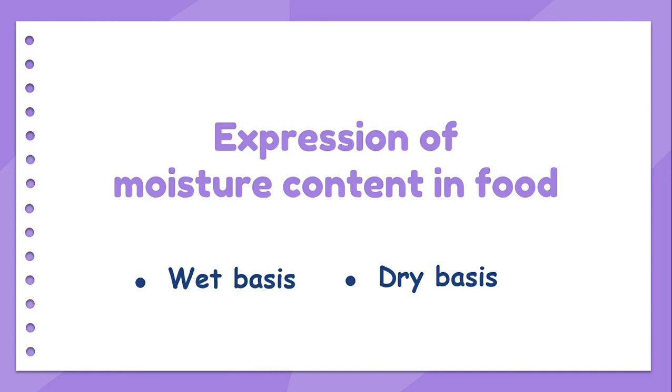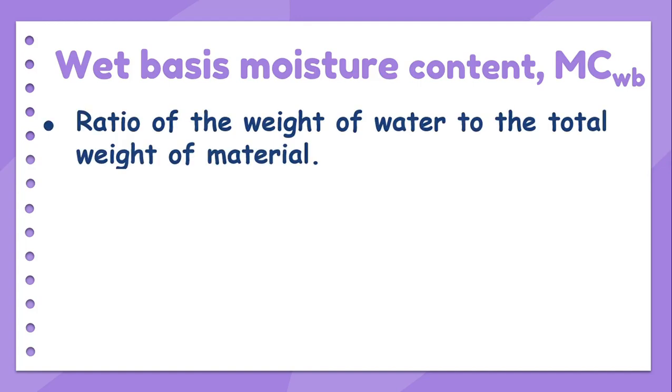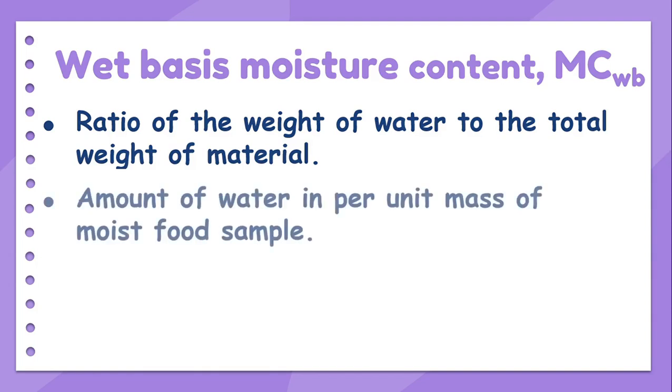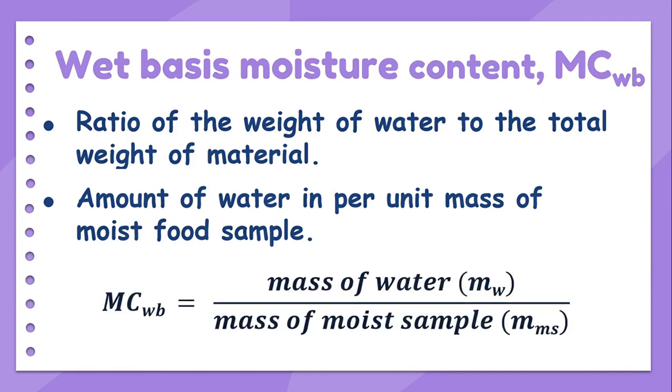Now, let's learn how to calculate them. Wet basis moisture content is described as ratio of the weight of water to the total weight of material. In other words, wet basis moisture content is amount of water per unit mass of moist food sample. Wet basis moisture content can range from 0 to 100%, or 0 to 1.